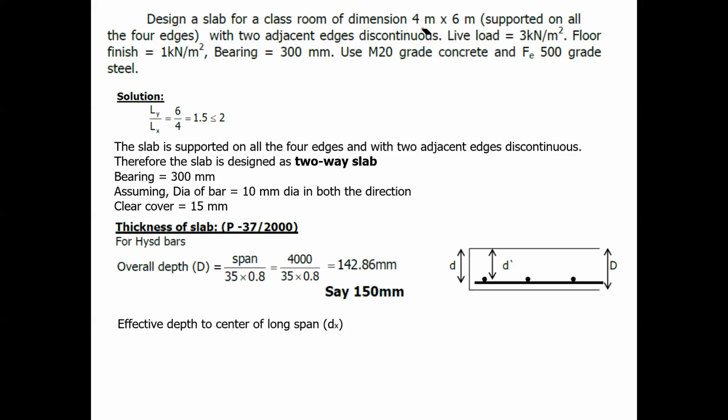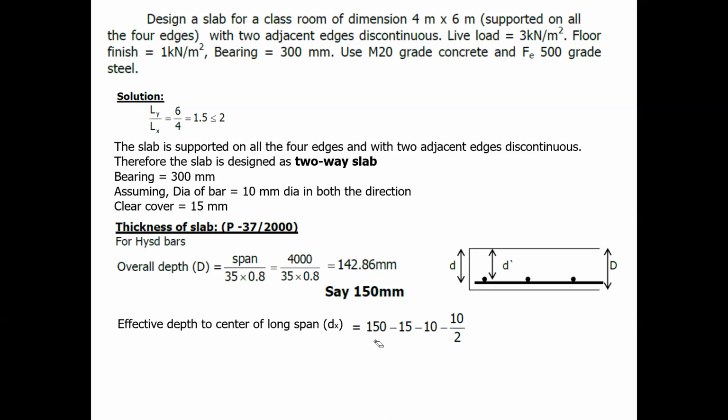Okay. As you know, here the span is different. In the previous problem, the span was the same, Ly and Lx were the same. That's why there was no need for dx, dy like that. But in this case, Ly and Lx are different. That is why I have specified here dx, the effective depth to the center along the shorter span.